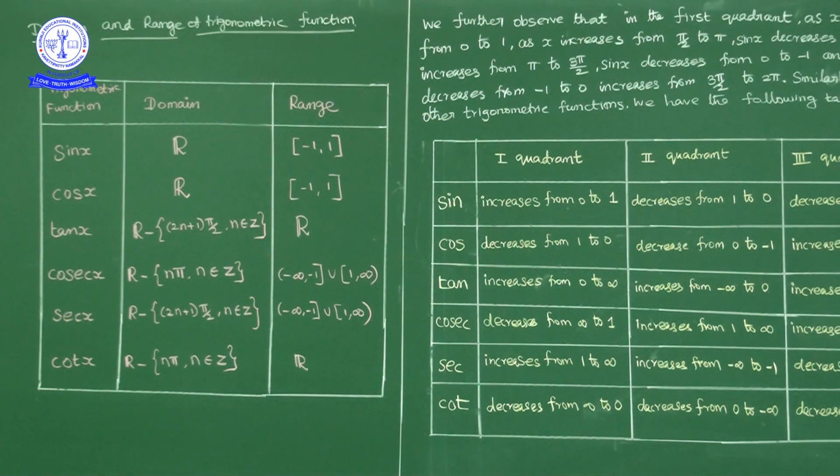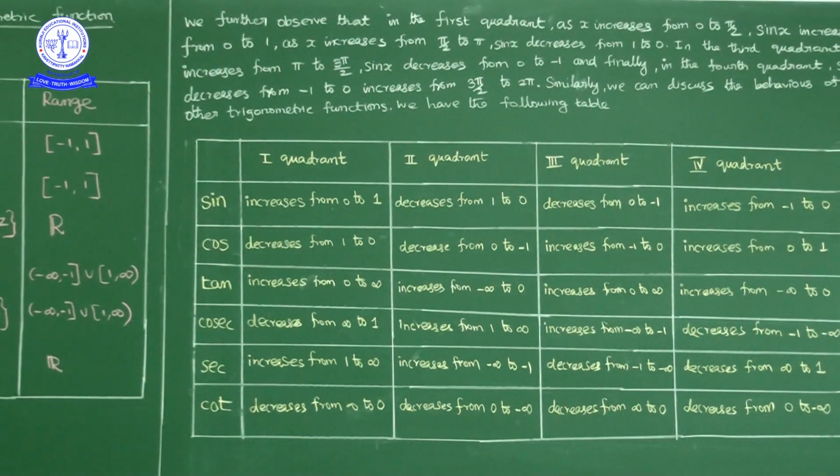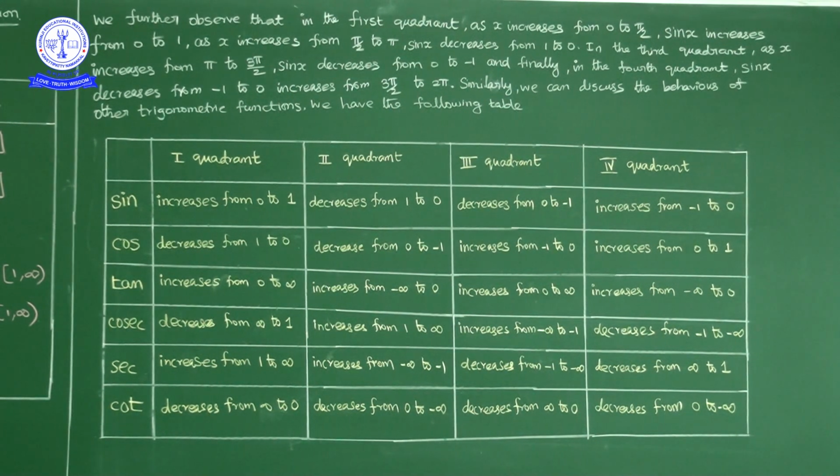Okay, next. Now we will discuss how trigonometric functions change in the first, second, third and fourth quadrants. We discussed sin x earlier: from 0 to pi by 2, sin x increases from 0 to 1, and from pi by 2 to pi, sin x decreases from 1 to 0.